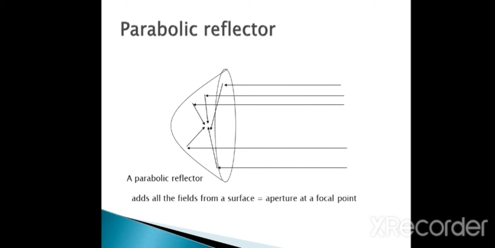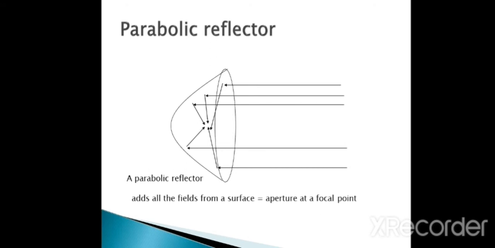When they hit the rim, the waves are reflected and a plane wave is produced. That is called the wavefront, which is coming towards the aperture of the parabolic reflector. All the waves are in phase. The beam of radiation along the parabolic axis gets a strong concentration in a particular direction.